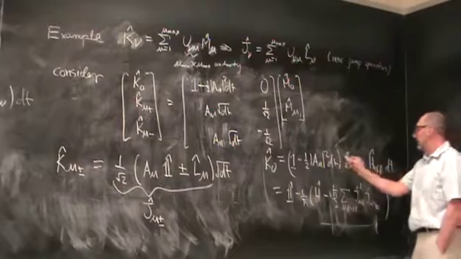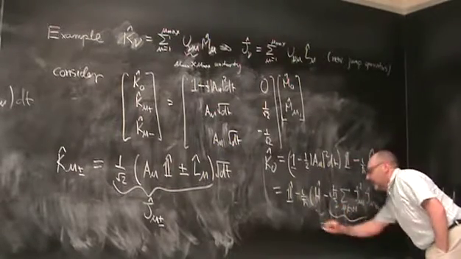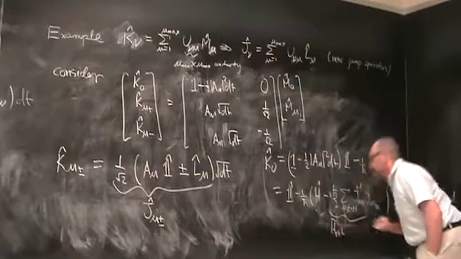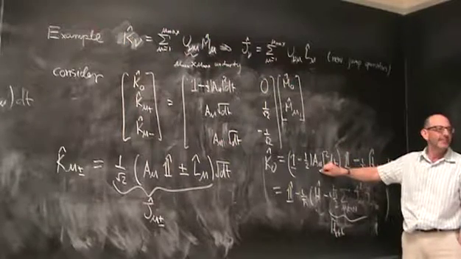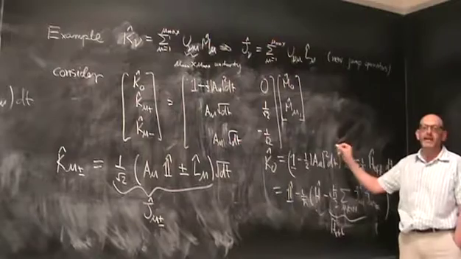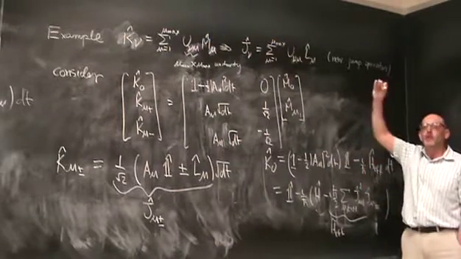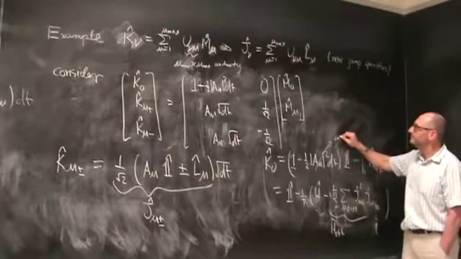Often you might call this H effective tilde. It's a different H effective, but it's only off by a constant, and that doesn't make a difference. You can always add anything to the zero of energy, so we usually neglect this.